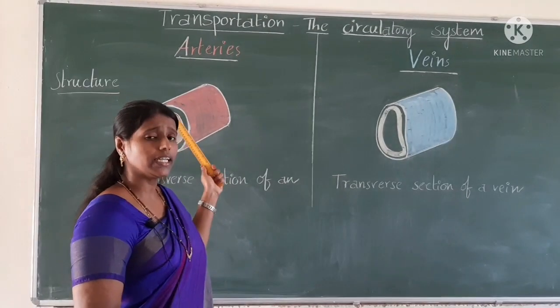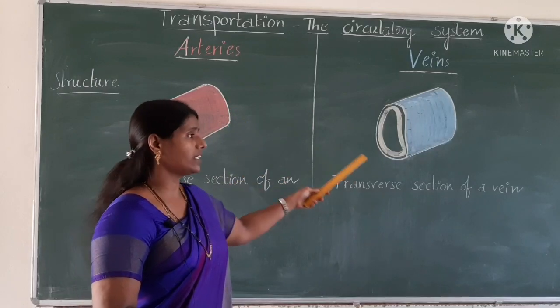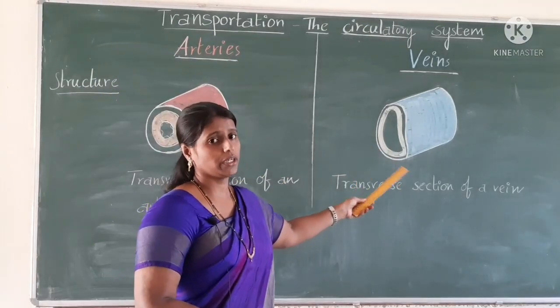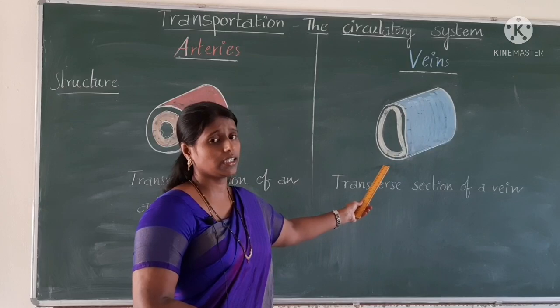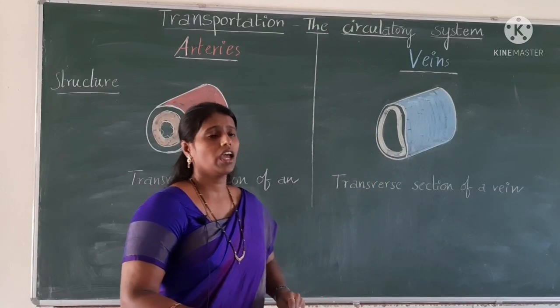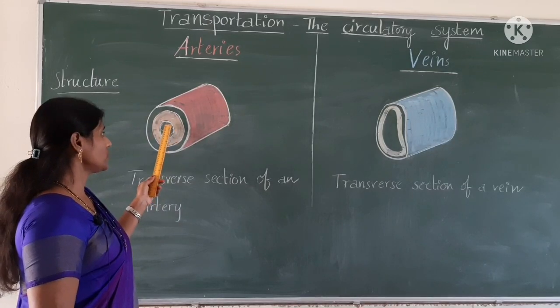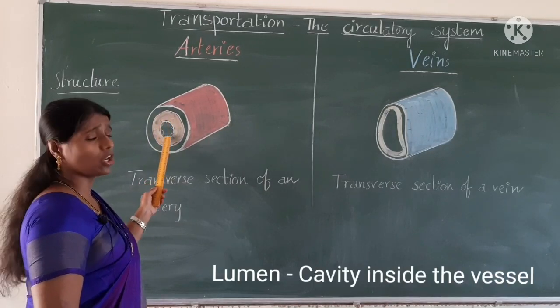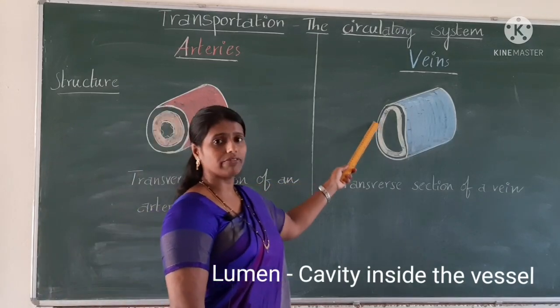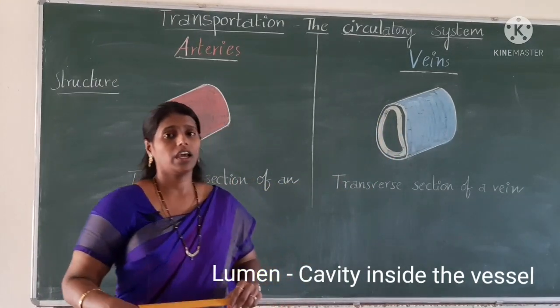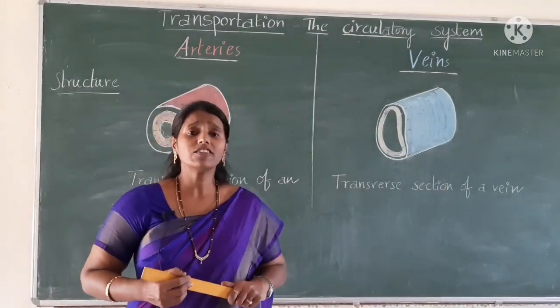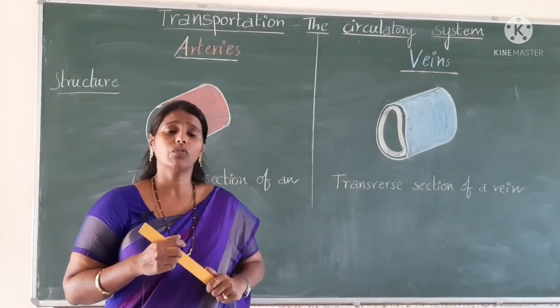Now, the pressure in arteries is high when compared with the pressure in veins. Pressure here is low. When you observe the lumen, arteries have a small lumen, but veins have a large lumen. Now, there are valves present inside the veins.